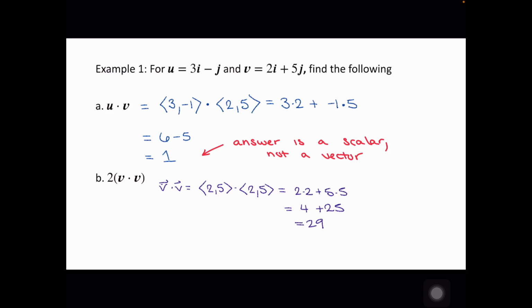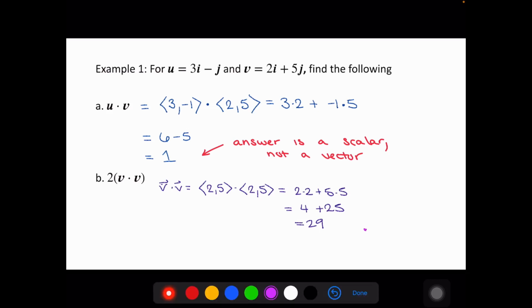Now earlier in one of my properties, I noted that when you take a vector and you dot it with itself, it is always going to give you the magnitude squared. That's just because you're actually squaring the components and adding them together.